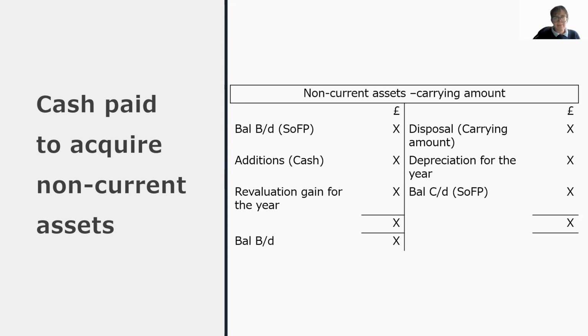This then means that if you do have a revaluation and you are trying to work out the carrying amount of a non-current asset, you need to include that revaluation gain for the year on the debit side. Any additions of non-current assets would also go to the debit side of the account.